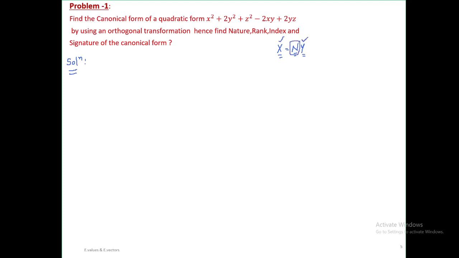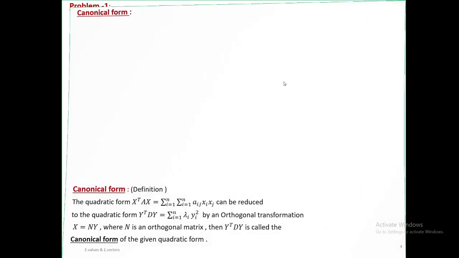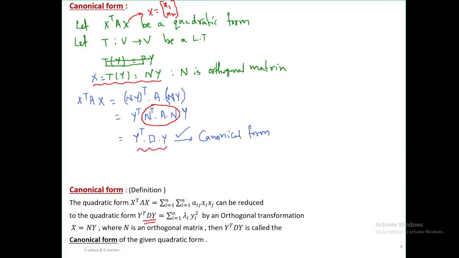First we need to find what N is, before entering into this orthogonal transformation. So now I am going to find the matrix N. Once N is known, I will modify this quadratic form through this transformation, so I will calculate N transpose.